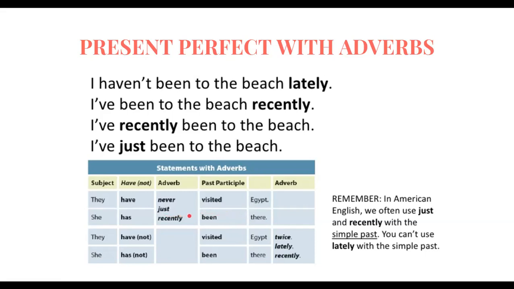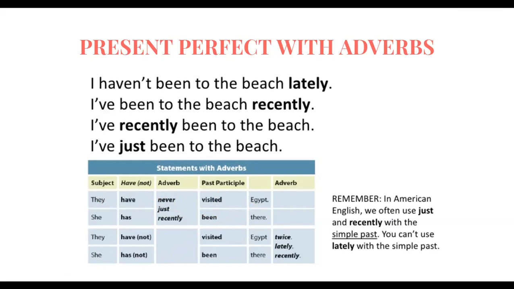And we can also use this word never. They have never been there. And in the negative form, of course, we can use them too. I will say they haven't or have not visited Egypt.